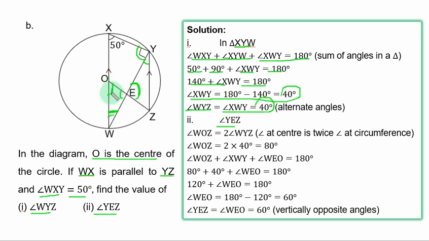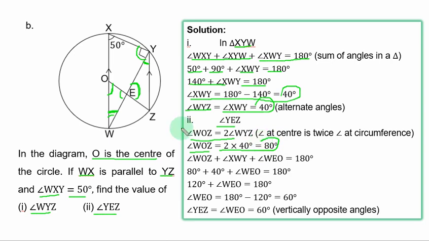This angle WOZ is angle at center and is equal to 2 times angle WYZ, that is this angle at circumference. So angle at center is twice angle at circumference. So angle WOZ is 2 times 40 degrees, and that is 80 degrees.